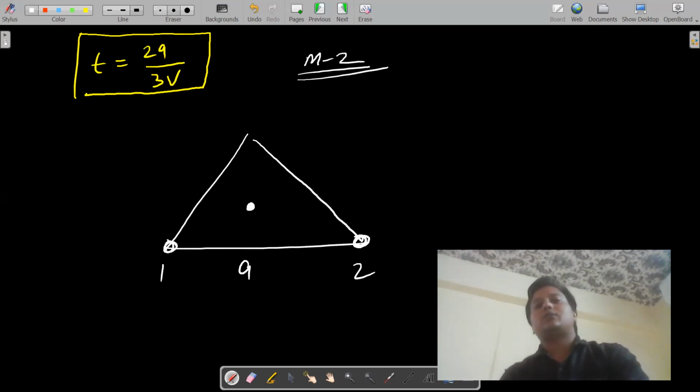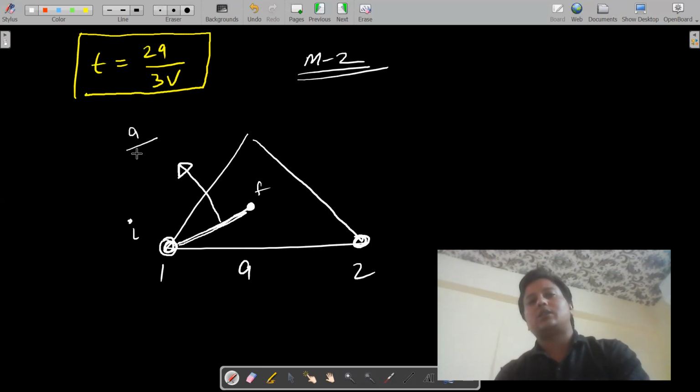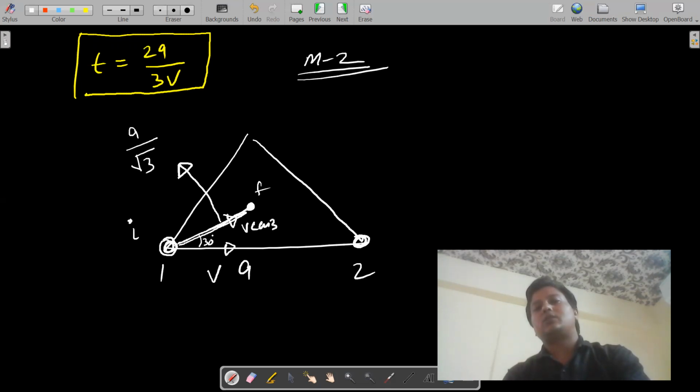Particle 1 initially was at this distance and finally comes out at this, so the displacement covered by each particle is this length. Geometrically, in an equilateral triangle this length is a by root 3. The velocity is v and this angle is 30 degrees, so we can take a component v cos 30 degrees.